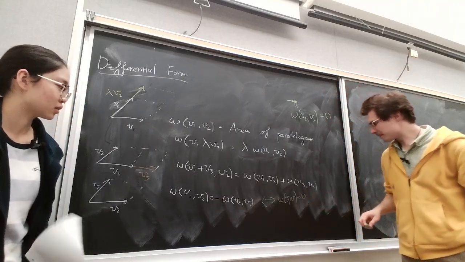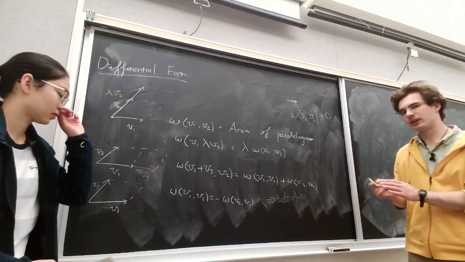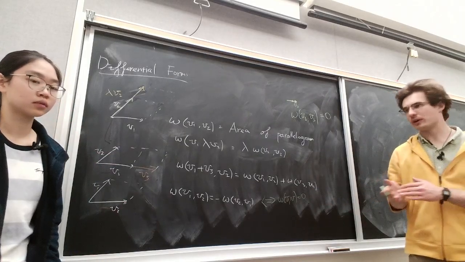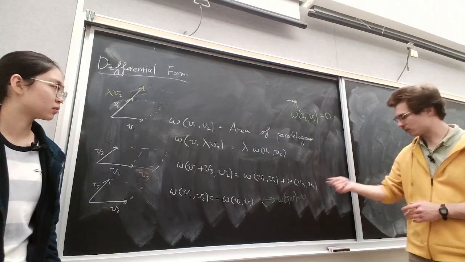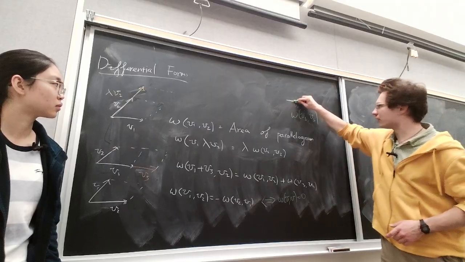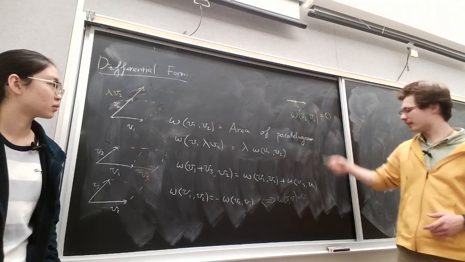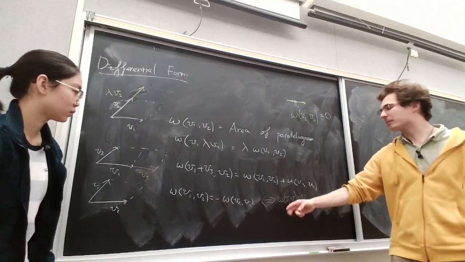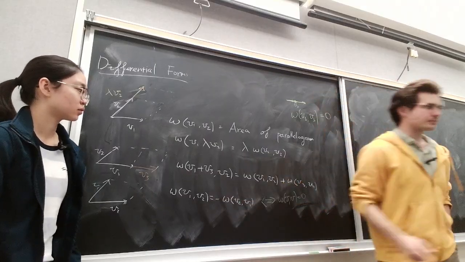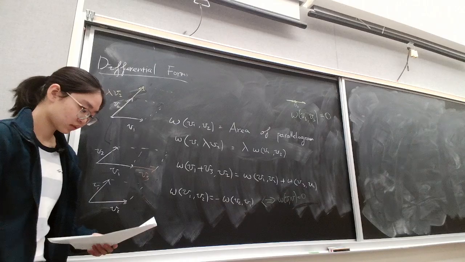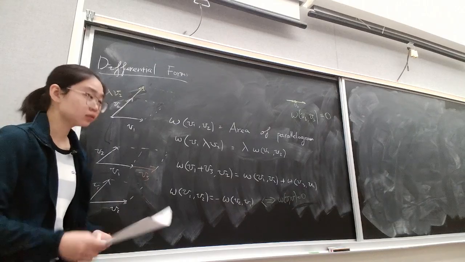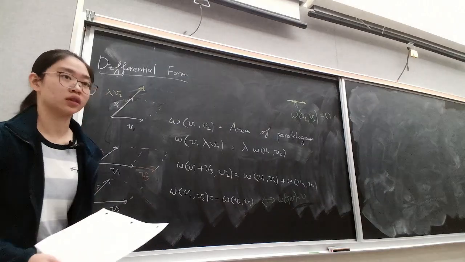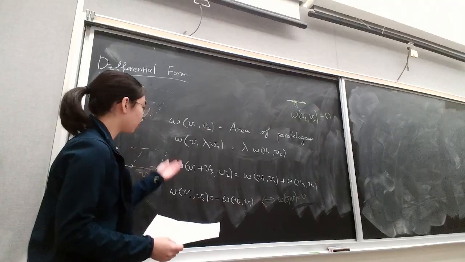And from this you get that if v1 is linearly dependent on v2, then it's also 0. So roughly, the volume of something like that should also be 0. And it turns out that this condition is completely equivalent to the previous condition.